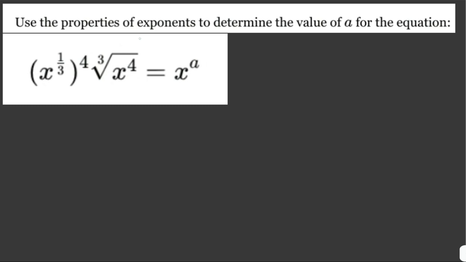Again, since we're going to apply properties of exponents, we can rewrite everything from its radical form to its exponential form. So we have here the cube root of x to the 4th. Okay, the index is 3.